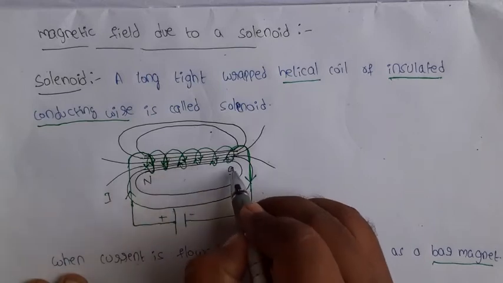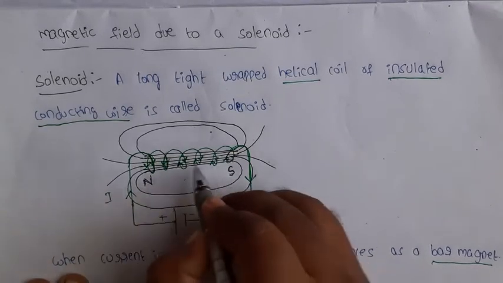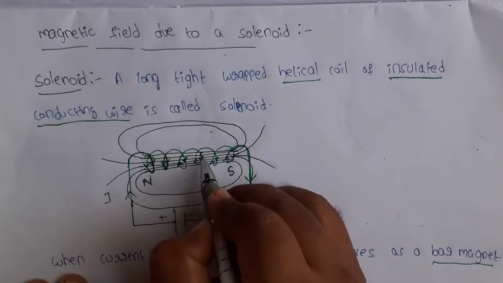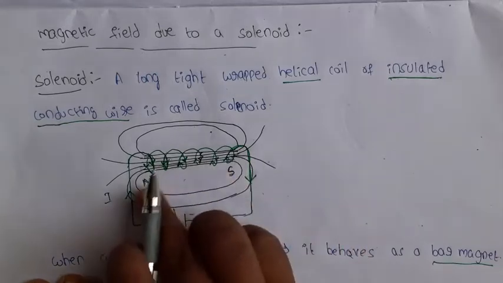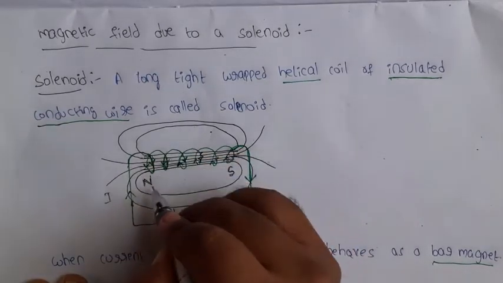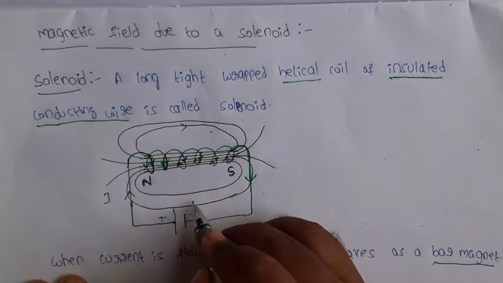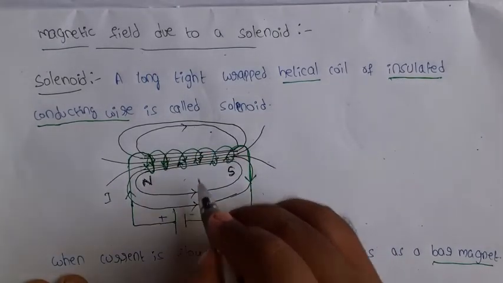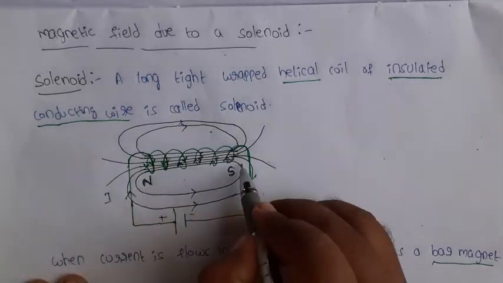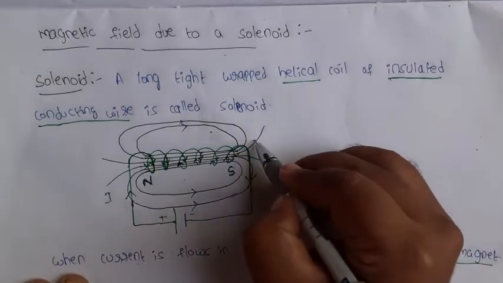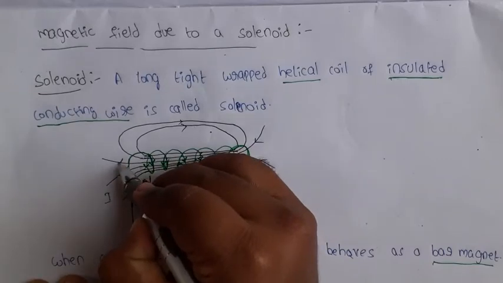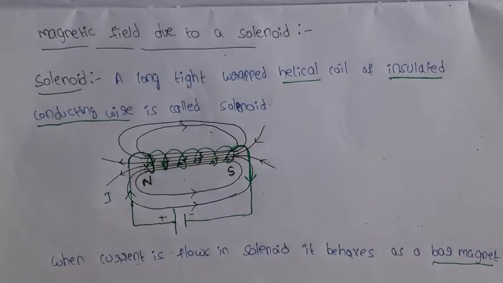Inside the bar magnet it is south to north direction. Outside the bar magnet, north to south direction. These are the magnetic field lines in case of a solenoid.